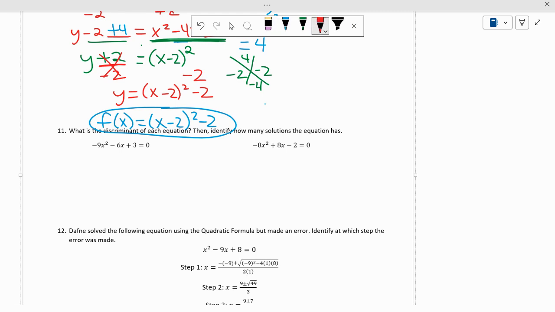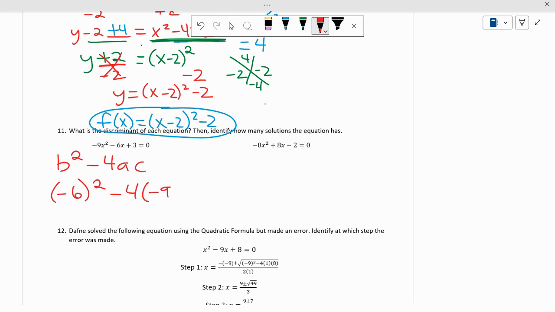Find the discriminant in number 11, and then identify how many solutions the equation has. The discriminant is the formula b squared minus 4ac. So you just have to take a, b, and c and plug it in. b is -6, so -6 squared minus 4.